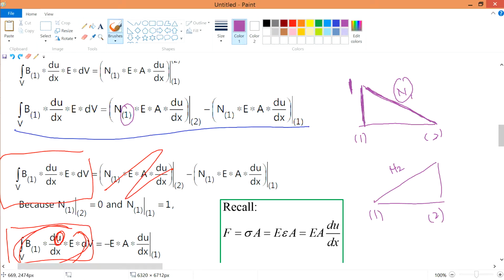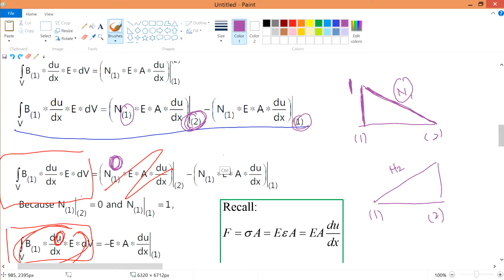And therefore, in such a case, because this is at node 2 and this is at node 1, at node 2 we know that it equals 0, so this N1 over here is 0. As you can see, at N1 node 2 equals 0. So at this node 2 over here it equals 0, and therefore this whole thing becomes 0, and I cancel it out.